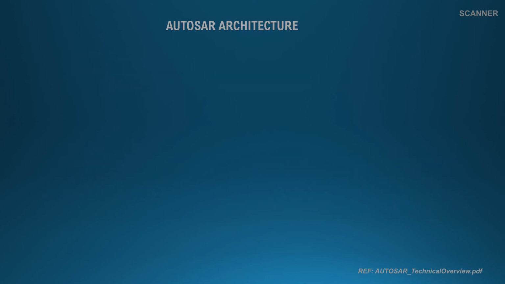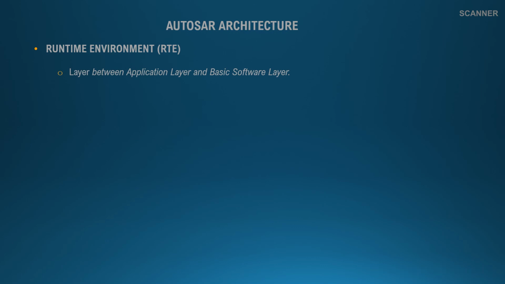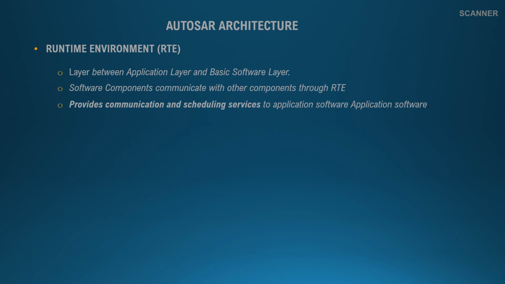Now we will see the AUTOSAR Runtime Environment or RTE. RTE is a layer between the application layer and the basic software layer. This layer abstracts the application layer from the basic software. The AUTOSAR software components communicate with other components which are present in the same ECU or in other ECUs through this RTE.